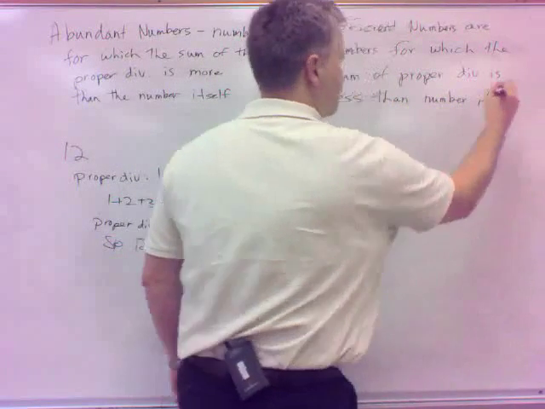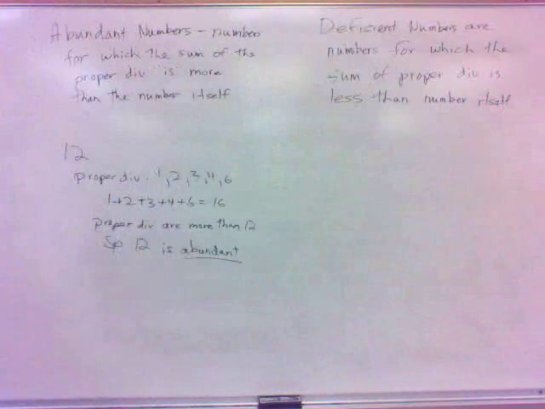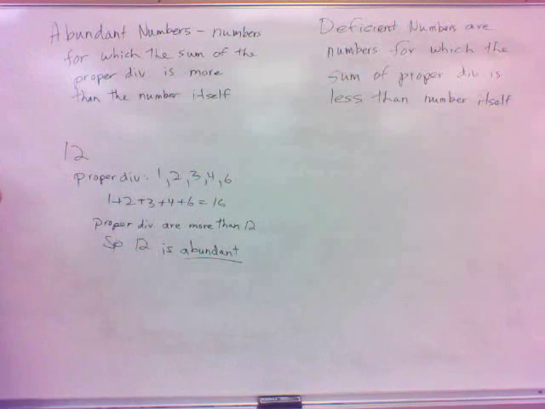So that covers every possibility. Equal, greater, or less. All right. So deficient are the numbers for which the sum of the proper divisors is less than the number itself.